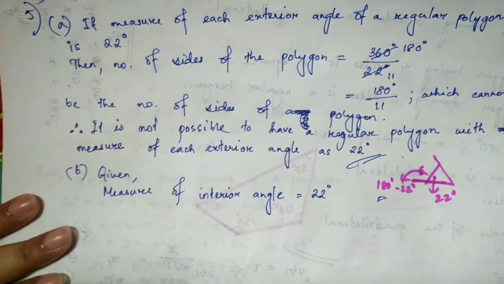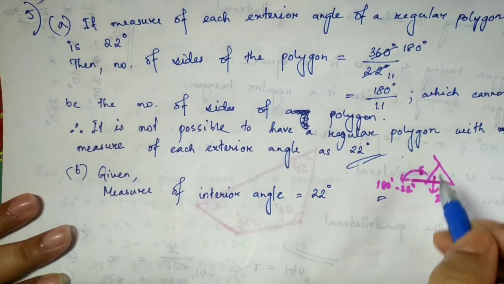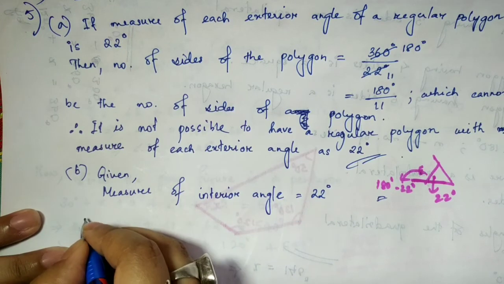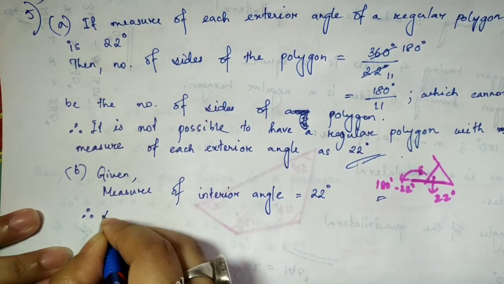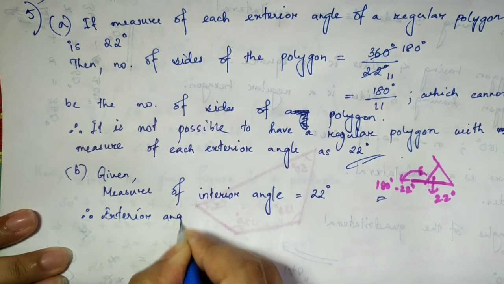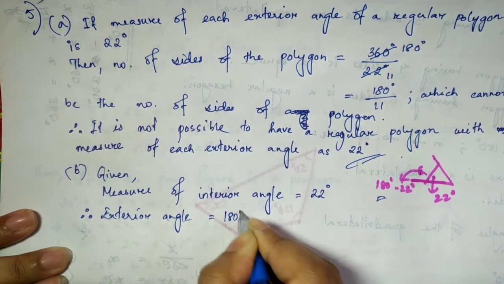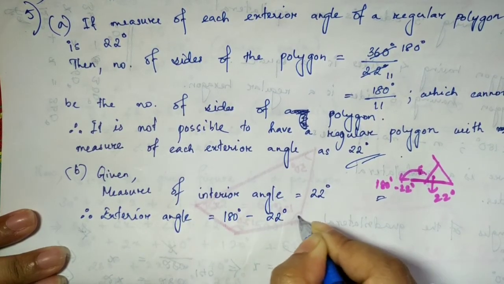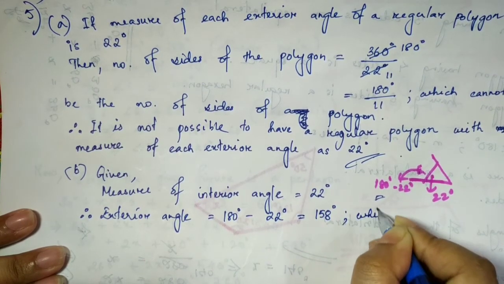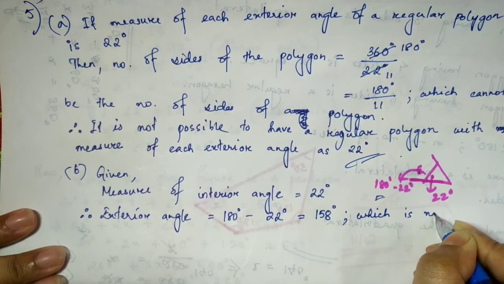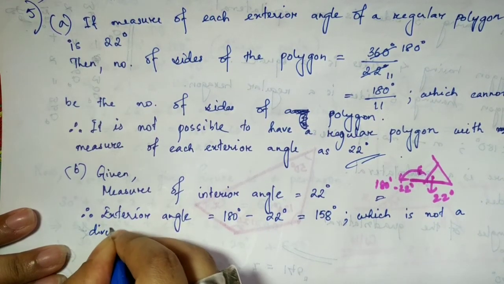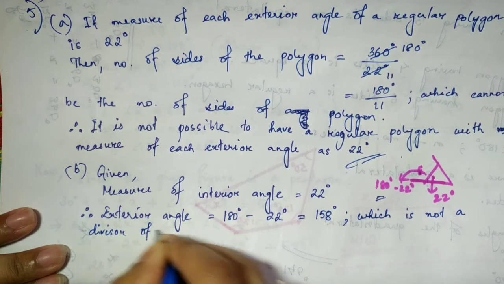See, this diagram is not required, this is just for your understanding. The measure of the interior angle is given as 22 degrees, therefore the exterior angle will be how much? The value will be equal to 180 degrees minus 22, which will give me 158, which is not a divisor of 360 degrees, it cannot be divided.